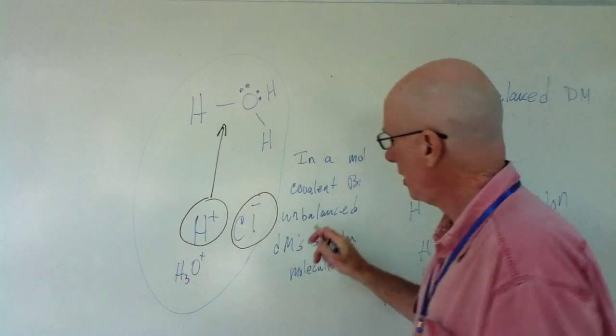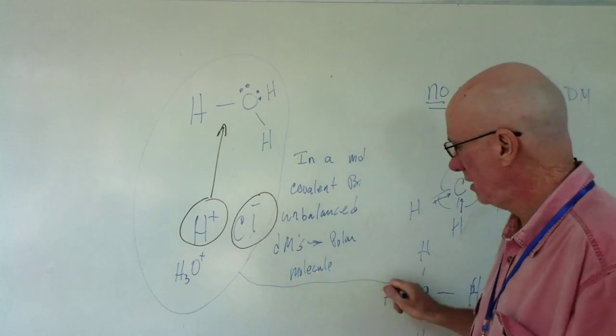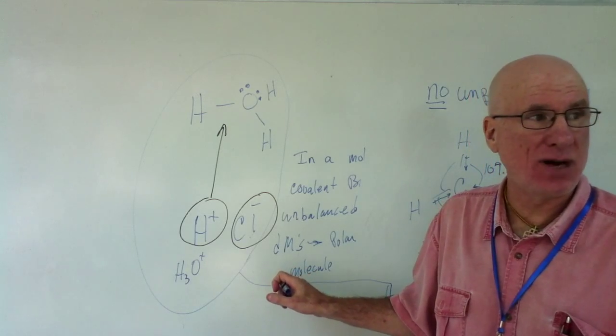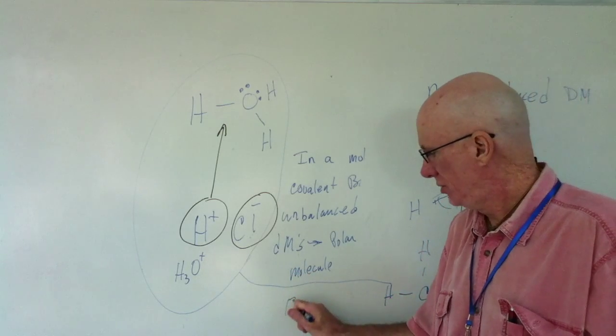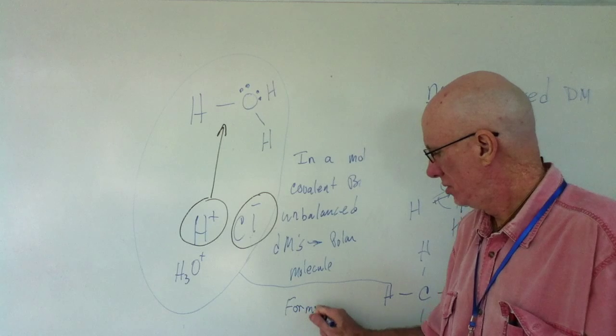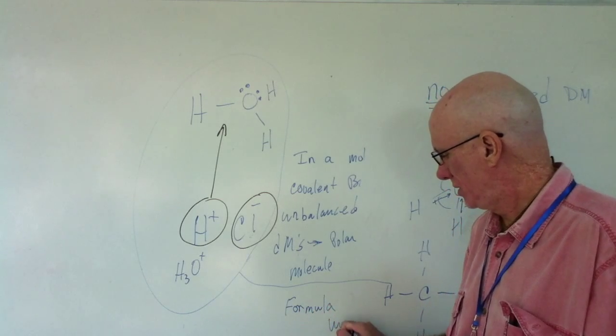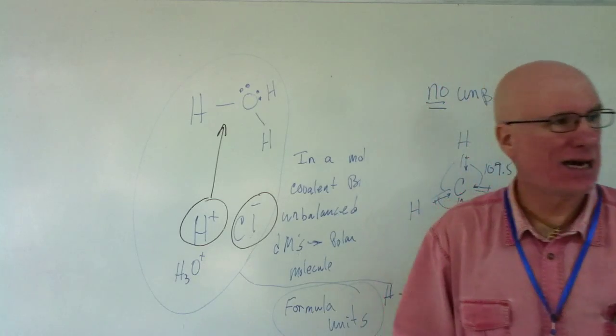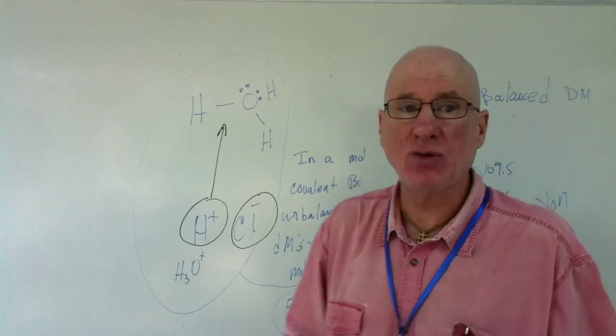Now, let me end here, because this might be confusing. Ionic compounds are not molecules. They're called formula units. Ionic compounds have formula units. So read through bonding.